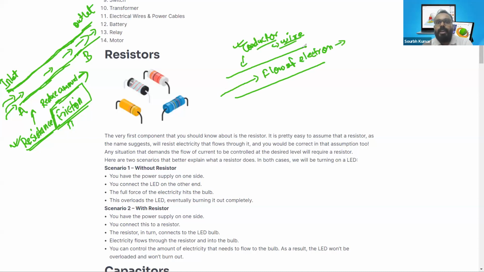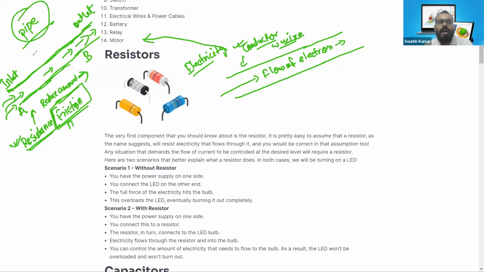If we compare the pipe system in our home with electricity, the flow is almost the same. But in the pipe situation we have water to help the flow, whereas in electricity, the flow of electrons in an electrical conductor is known as electricity.